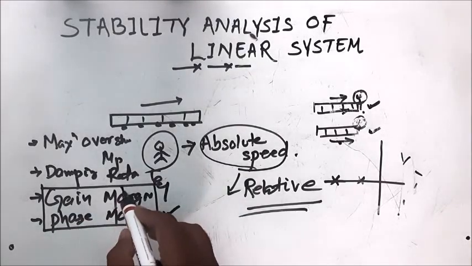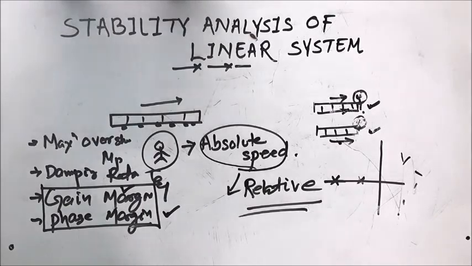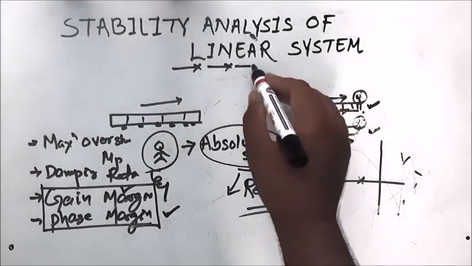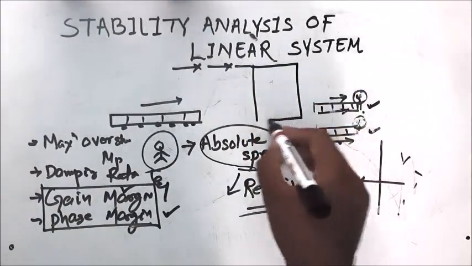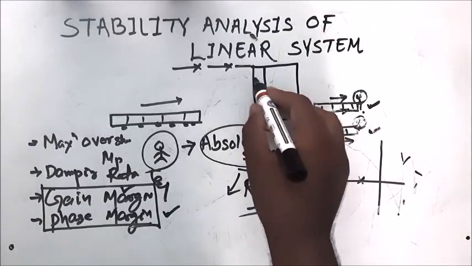So what does margin refer to? You know what margin is? Excess, how much excess, that is called margin. So gain margin means how much excess we can increase the gain so that my system remains stable. Let's say you have a notebook with a margin like this.